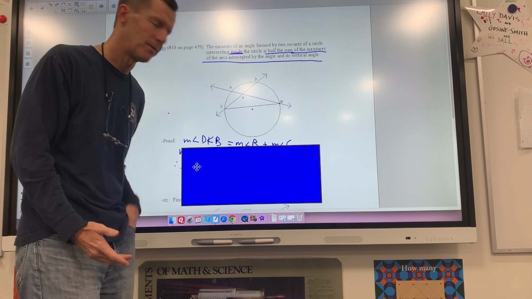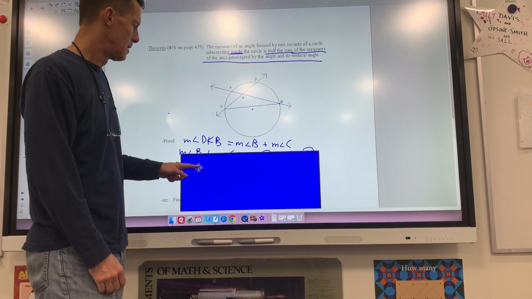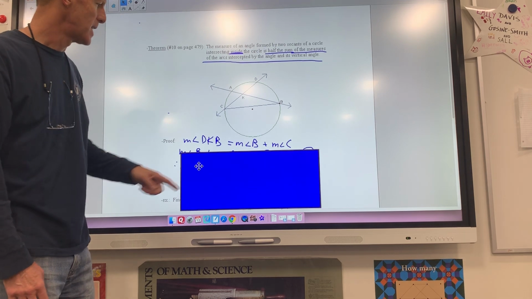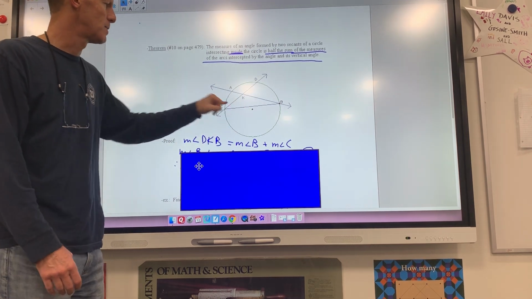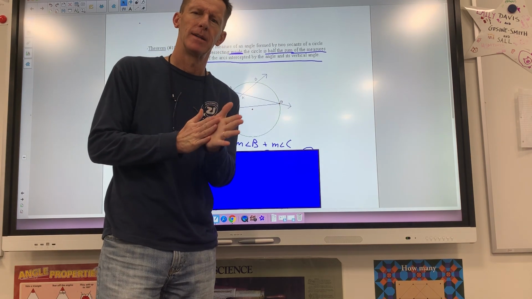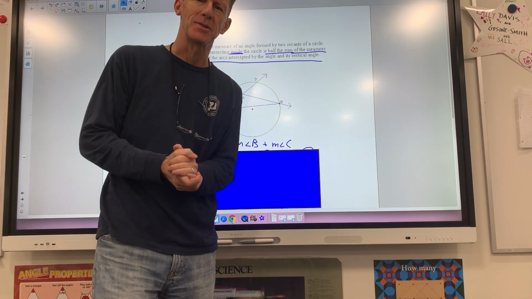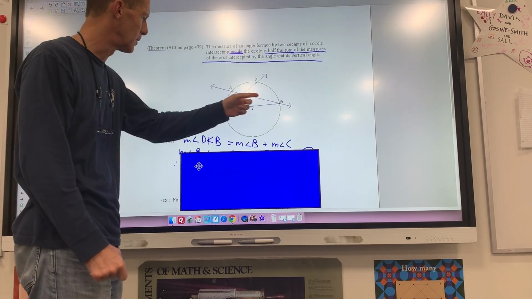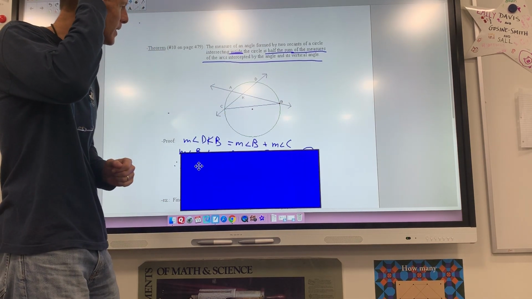Okay, so here's the proof. The measure of angle DKB, isn't that equal to the measure of angle B plus the measure of angle C? Why would that be? Think about that. Yes, it's an exterior angle, and we know an exterior angle is equal to the sum of the remote interiors. Angle B and angle C are remote interiors.